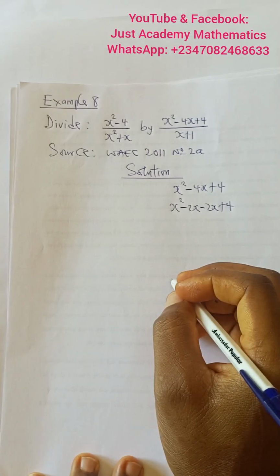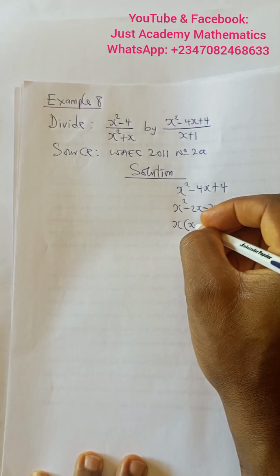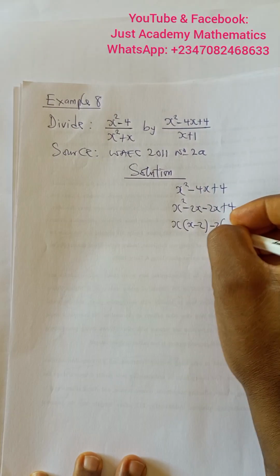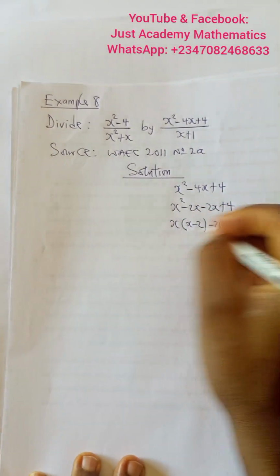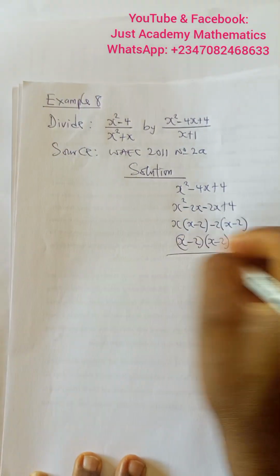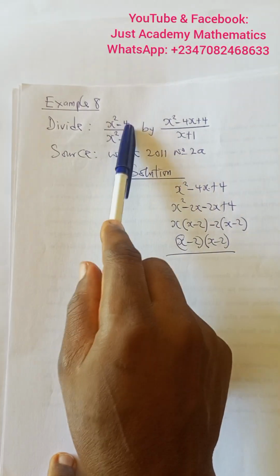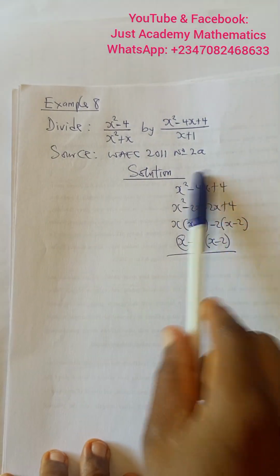I've already told you the answer before, but I'm just showing you. So x is outside, you have x minus 2. Minus 2 comes out, you have x minus 2. So that means that x minus 2 times x minus 2 gives you this. Are you following?